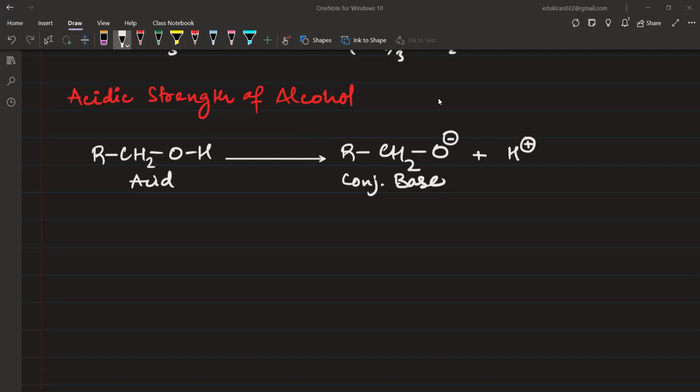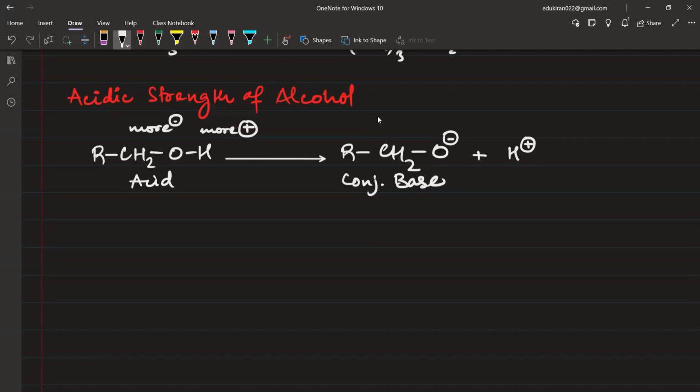Okay. Now, let us understand how acidic strength depends on different factors. First of all, what is happening here, we are breaking the OH bond. And if this OH bond is more polar, that means there is more positive charge on hydrogen and more negative charge on oxygen, it will be easier to break.